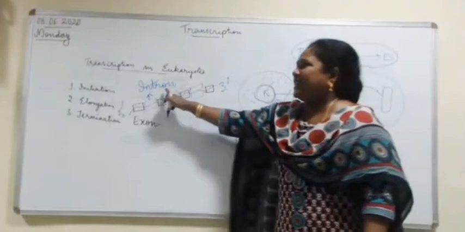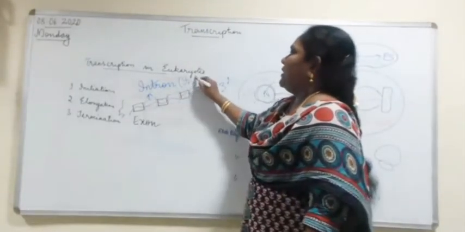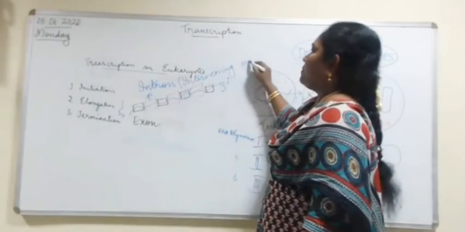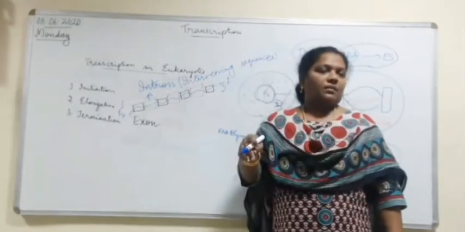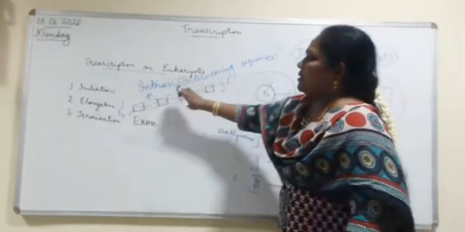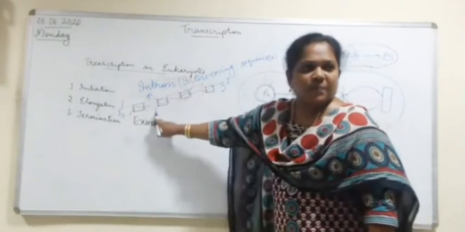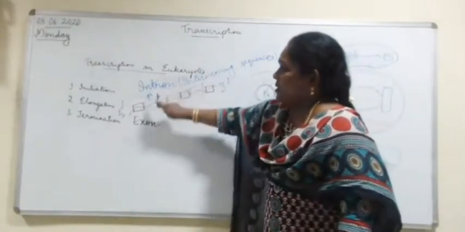So what are these introns? They are called intervening sequences. These introns are present between two exons. Introns are present between what? Two exons. So they intervene, they are just present in between.